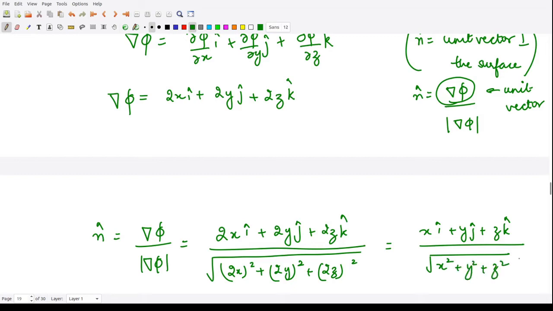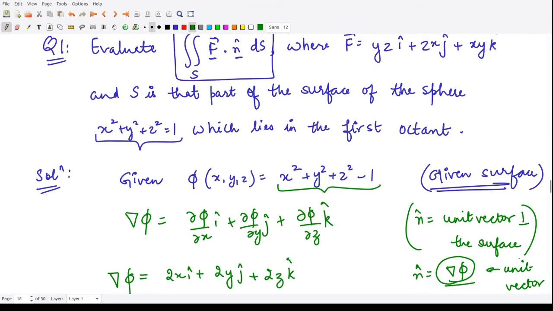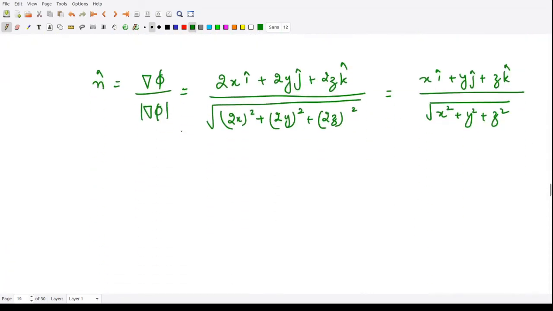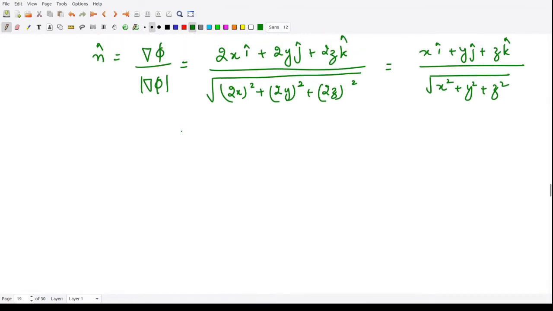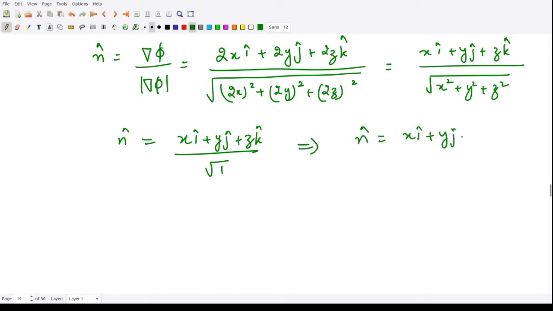Now notice what your given surface is. The given surface is x square plus y square plus z square is equal to 1. So that means this quantity x square plus y square plus z square is equal to 1. Therefore, this n vector now becomes x i cap plus y j cap plus z k cap divided by square root of 1. So this implies your n vector is x i cap plus y j cap plus z k cap. This is our n unit vector.